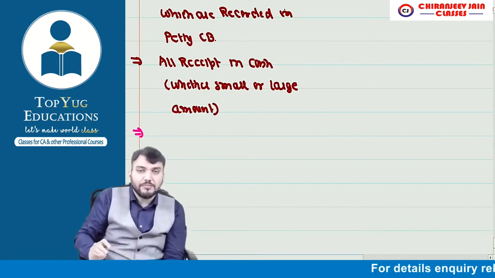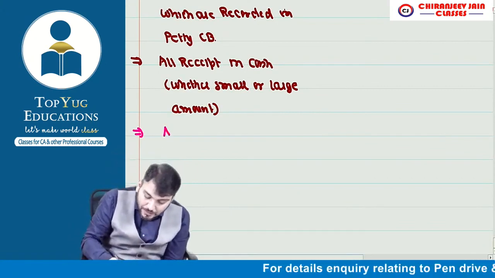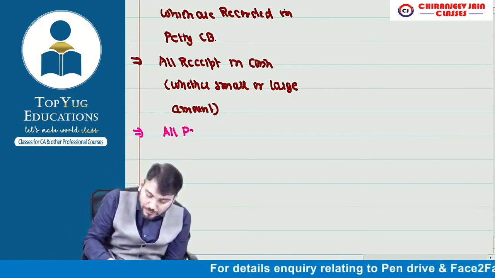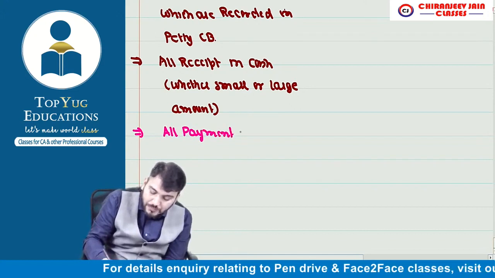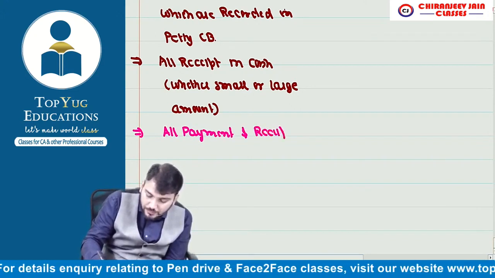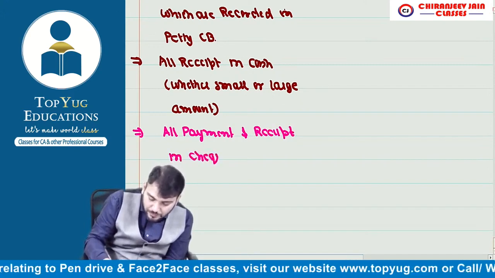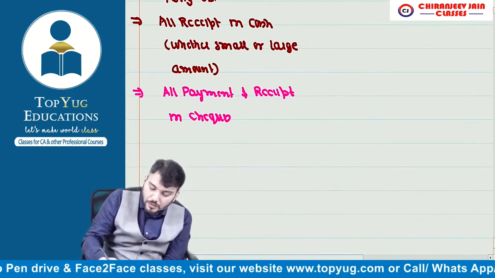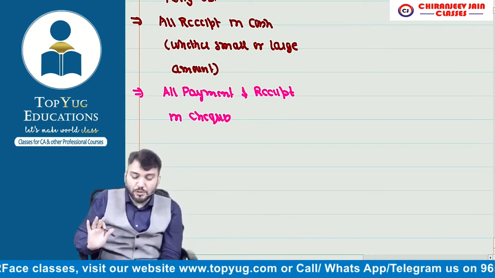I'm just writing this because I already said I am not discussing bank transactions, but to clarify, can I say all payments and receipts in cheques will also be recorded in the cash book?